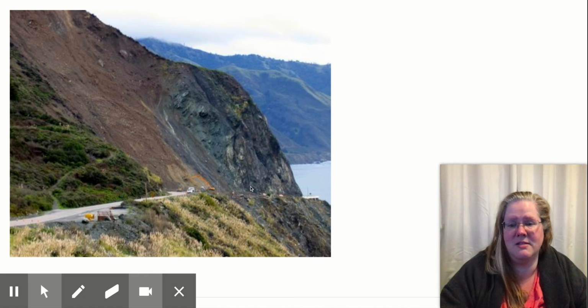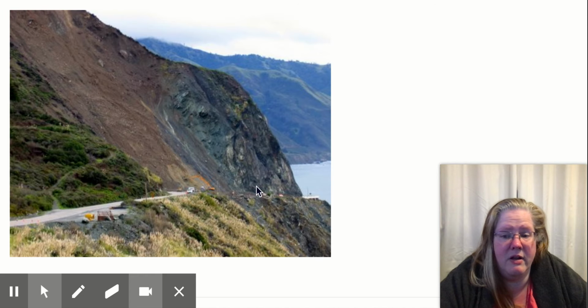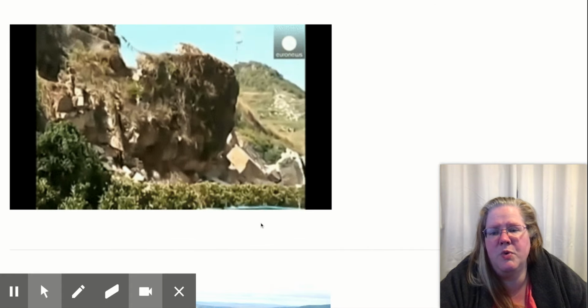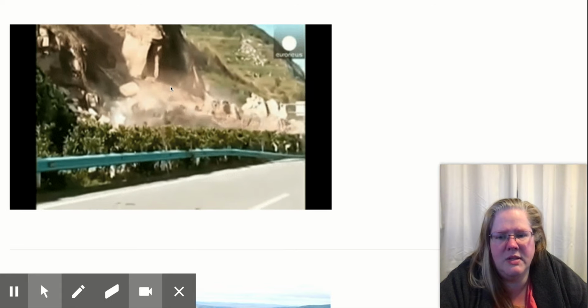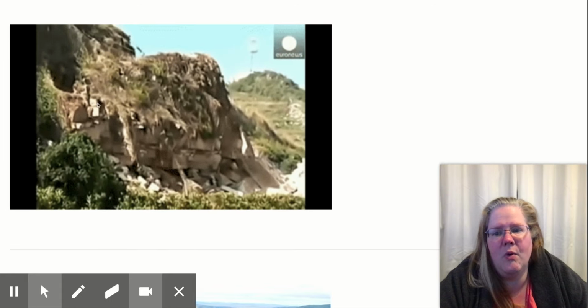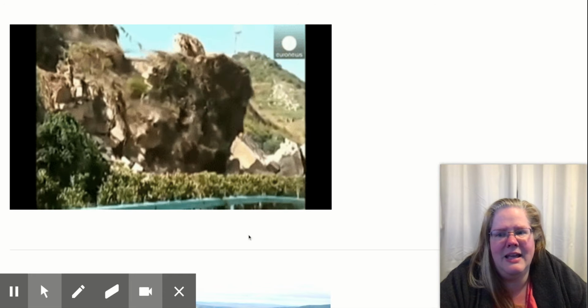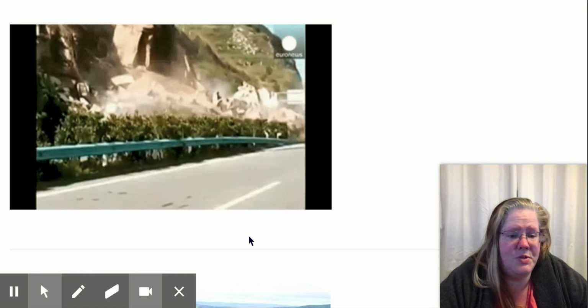They're going to have to come and excavate that out and basically repave that whole area to keep traffic flowing through there. This is a mass movement, and if you notice, there was actually some fencing up there trying to hold that back, and it did not work. But look right here, you can see the fencing coming down around it, trying to hold that hill in, and there was no competition between that fence and gravity.